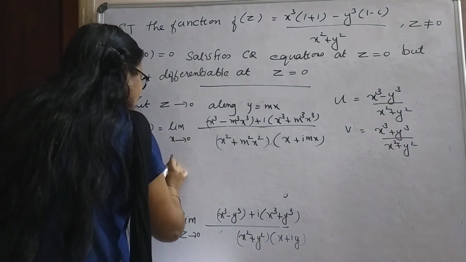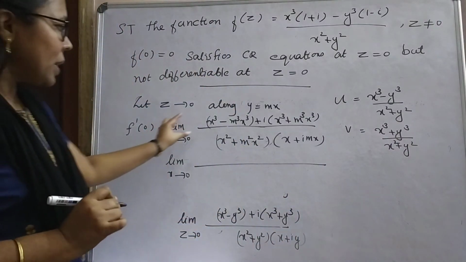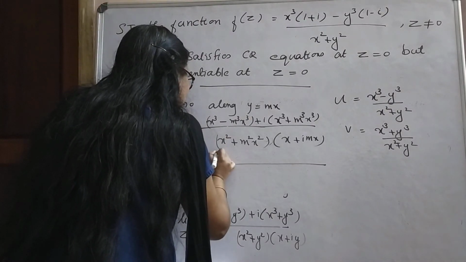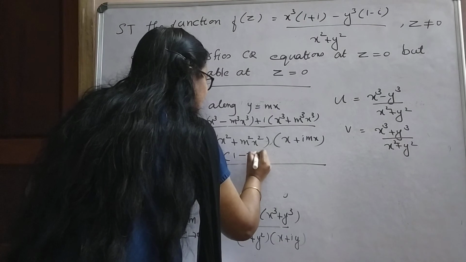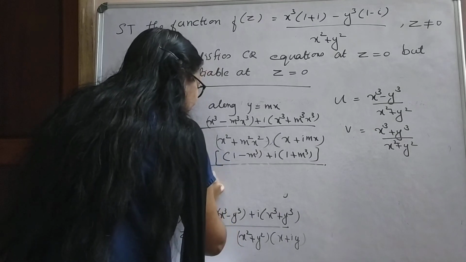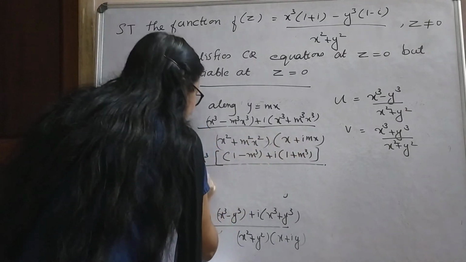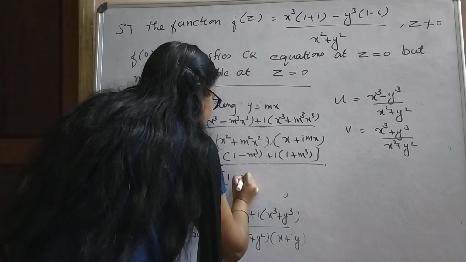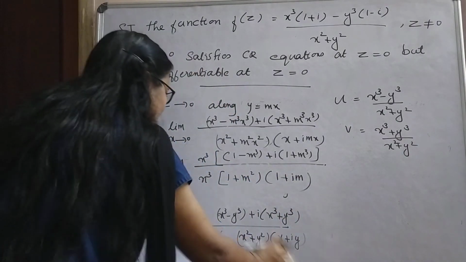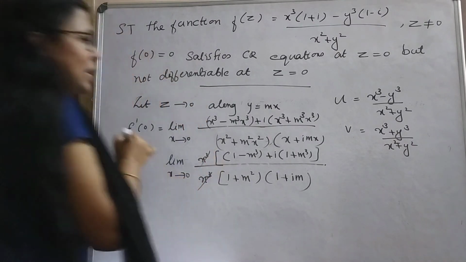which is equal to limit x tending to 0. From the numerator, we have to take an x cube outside. That is x cube into (1 minus m cube) plus i into (1 plus m cube), by, from the denominator, an x square can be taken outside, x square also x, therefore x cube into (1 plus m square) into (1 plus im), which is equal to, this x cube will get cancelled.